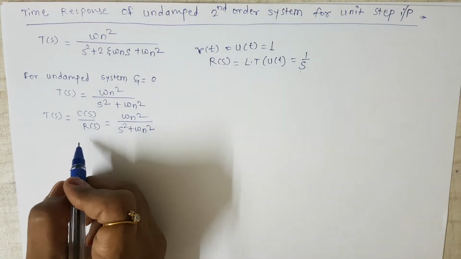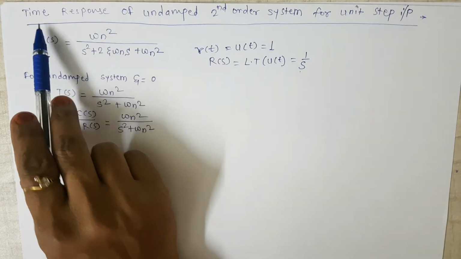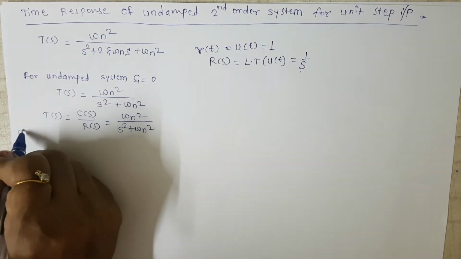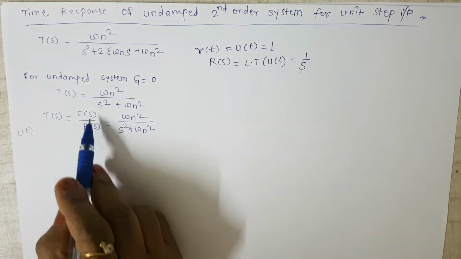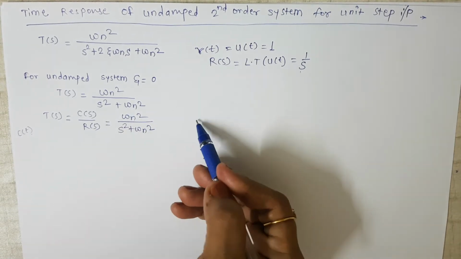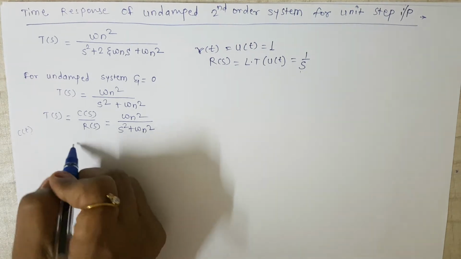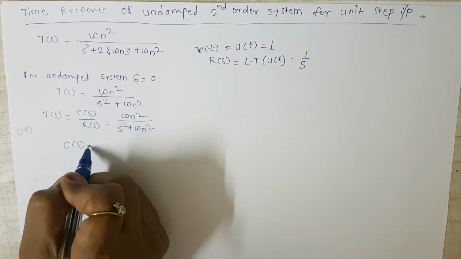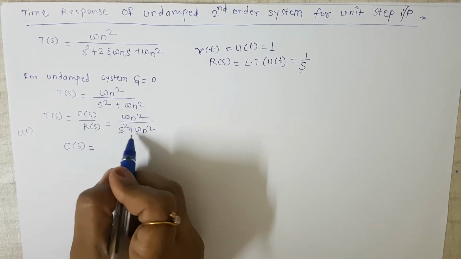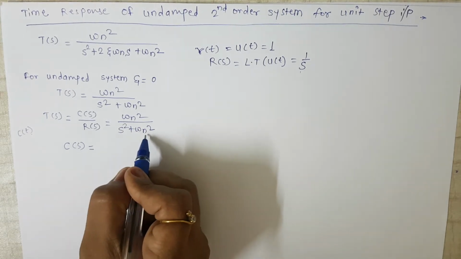Now here we need to find the time response. Time response, that is we need to find the C of T. To find the C of T, I will move this R term to the right hand side. So it will become C of S is equal to R of S into omega n square upon S square plus omega n square.